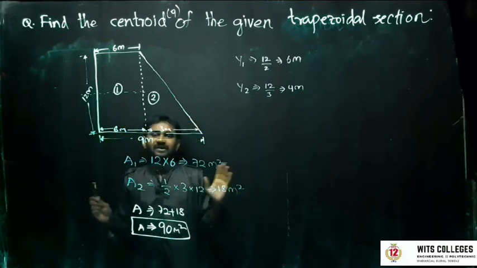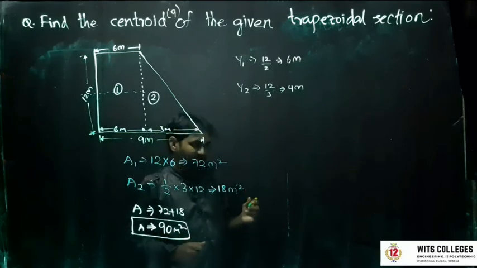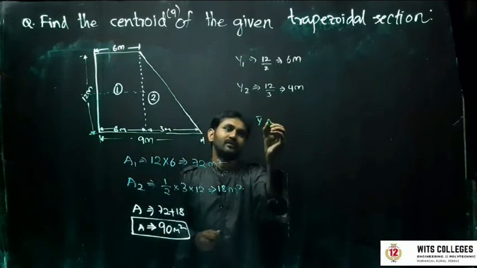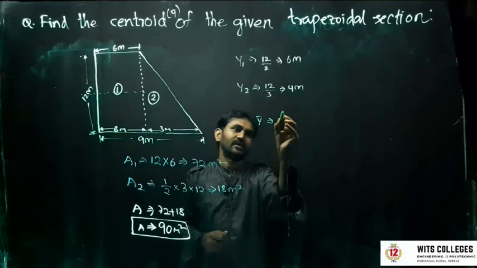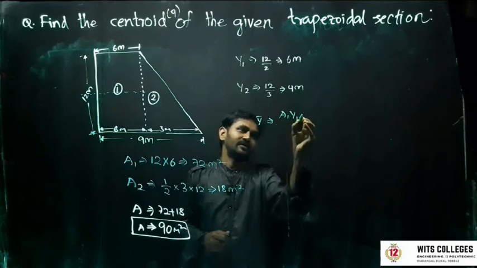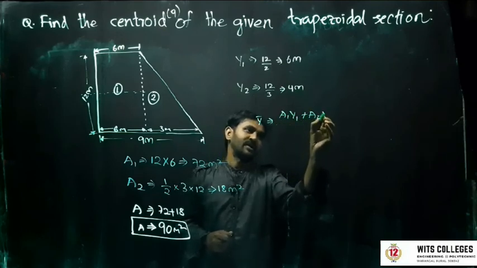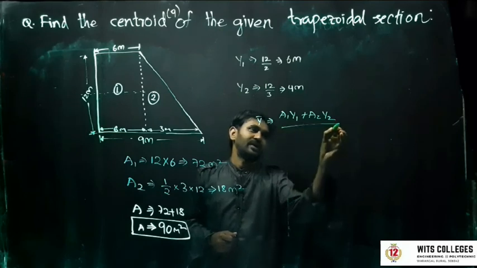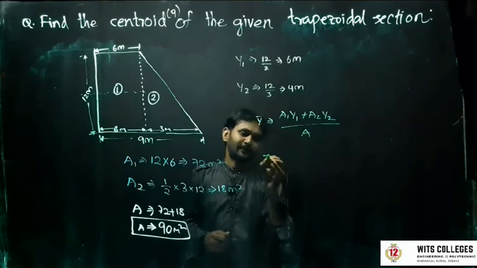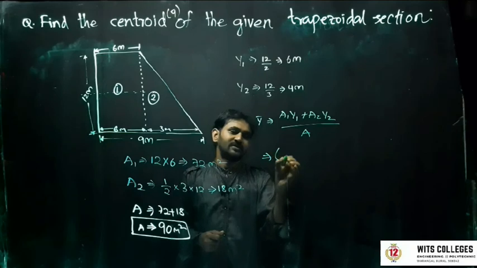Now the formula is very simple. Y bar equal to A1 Y1 plus A2 Y2 divided by capital A. What is A1 here?